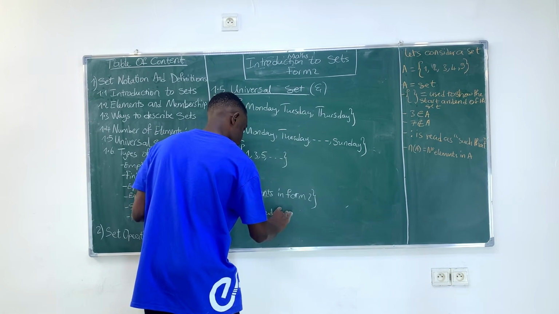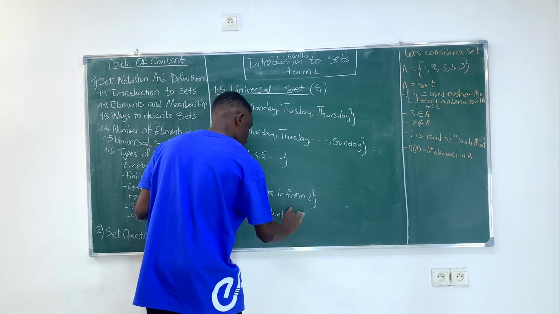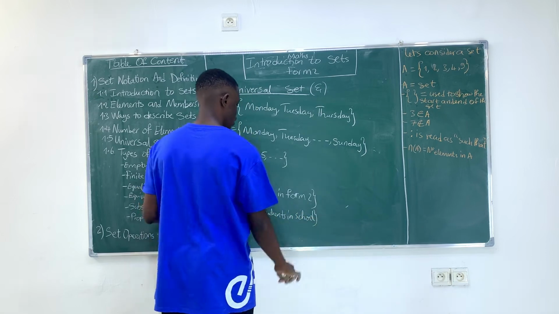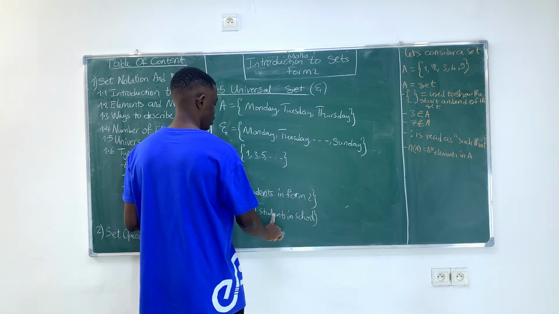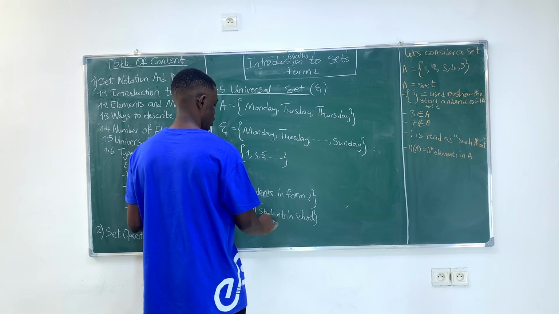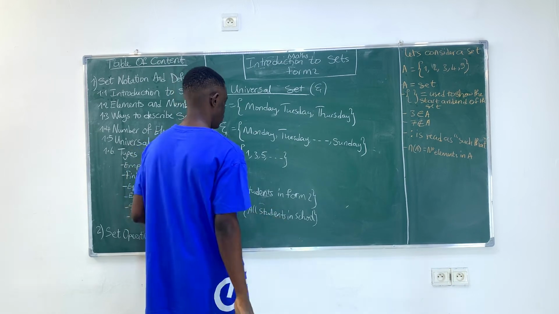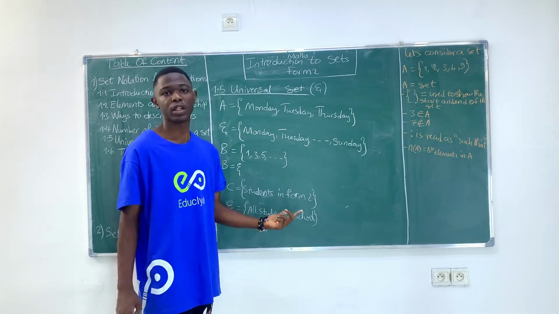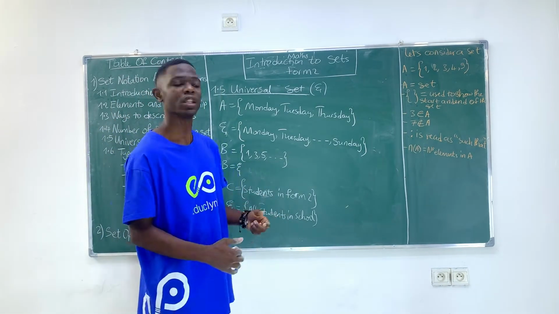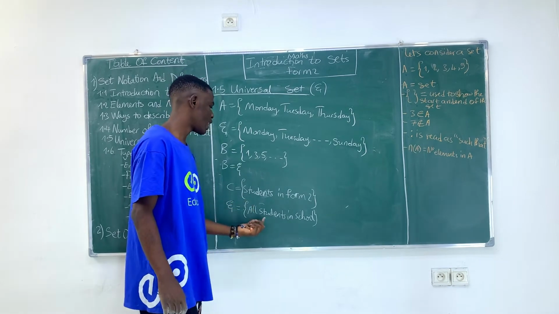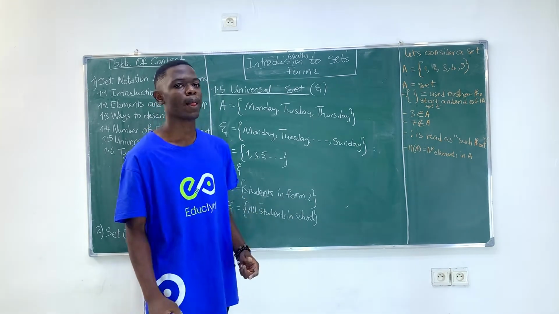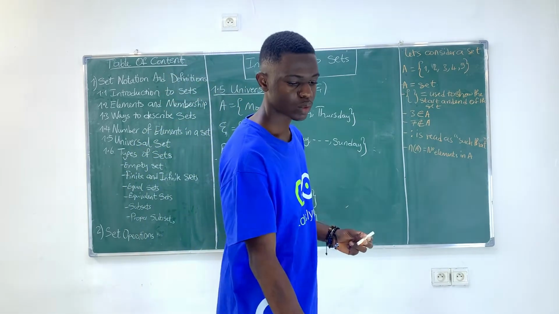Yes, because this already encompasses everything about the students in that school. So now we take a part of it and name it students in Form 2. So that is it about universal set.